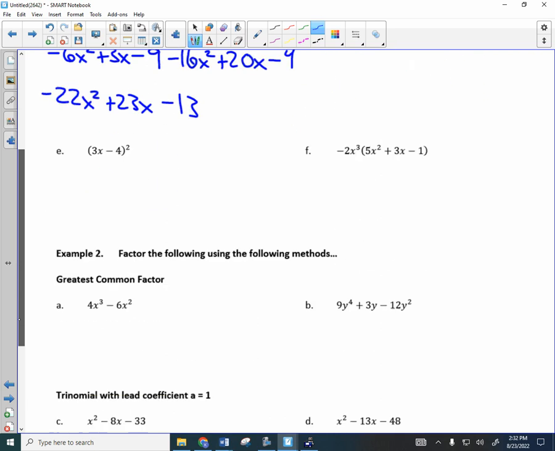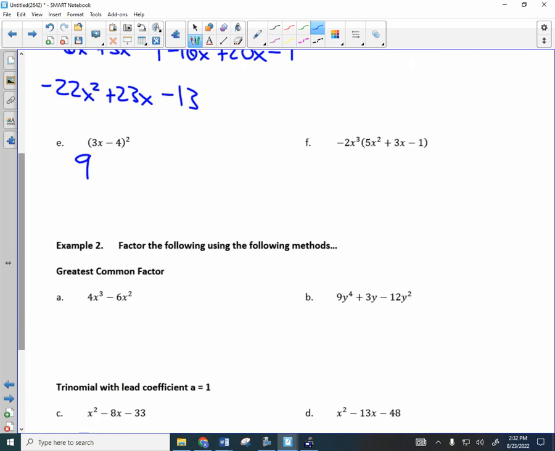How about letter E? If I square that, 9x squared plus 16, yes? Why? How? Very good. Squaring something means to take it and multiply it by itself. So 3x minus 4 times 3x minus 4. I will get 9x squared plus 16 on the test from people. Stop doing that. Okay?